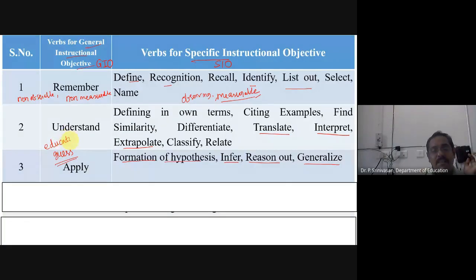Suppose I ask this question: whether it will rain now, what is your answer? Different answers will be there.